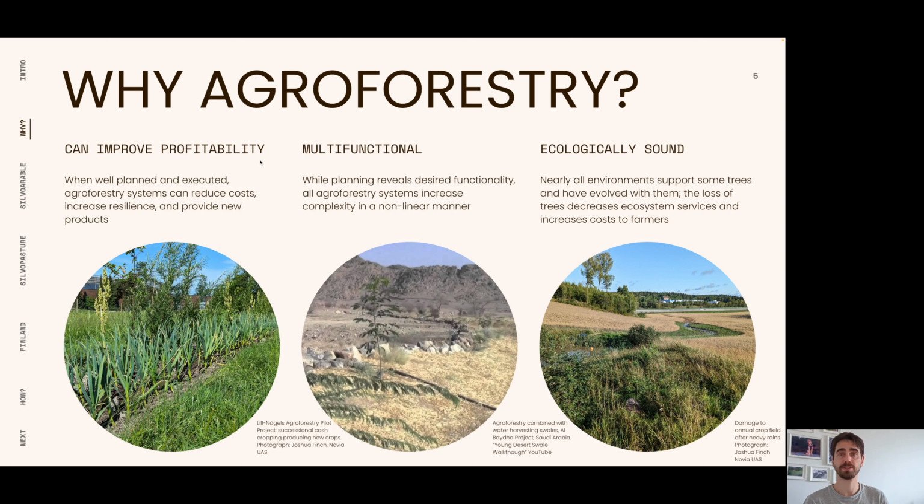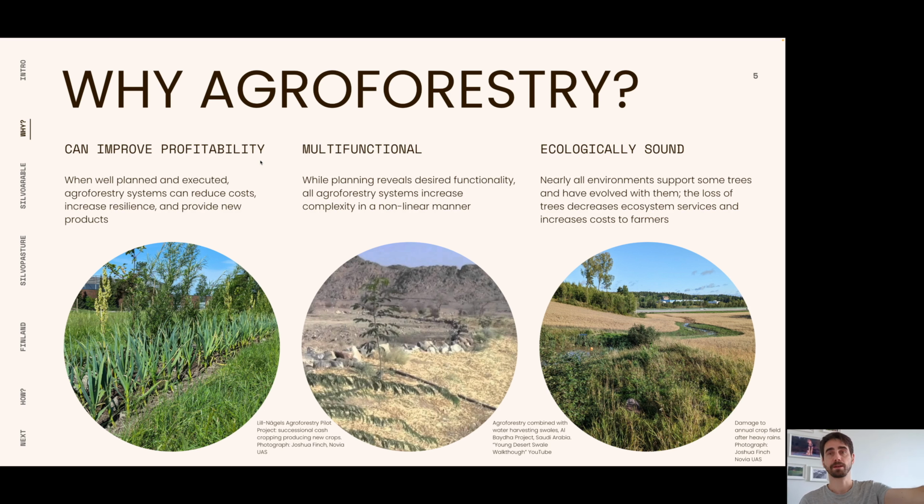So the planning process is crucial to making sure that you, at least at the beginning, have some idea of where you're going, what it's going to cost, and what you expect from the system, so that you can ask questions in the future whether or not you're on track to meet your goals. No goals, no plan, very difficult to actually manage well in the end. So much better to have that up front, because often in Finland, agroforestry is something new for your farm. So if you're going to do something new, you might as well plan it in a lot of detail. And that's one of the things our project is here to help with.